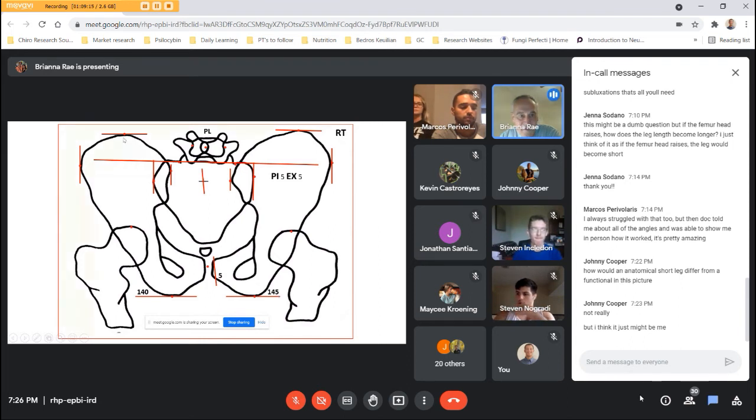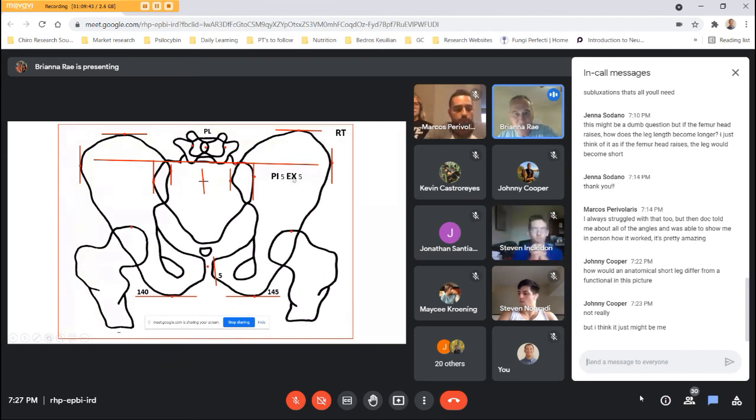We measured the length of the innominate from the iliac crest to the ischium on the left side. That's 140. So the difference is 5 millimeters more on the right. So that's why it's PI, because remember the PI will lengthen, give us the visual image that it lengthens the ilium, where an AS will shorten the length of the ilium.